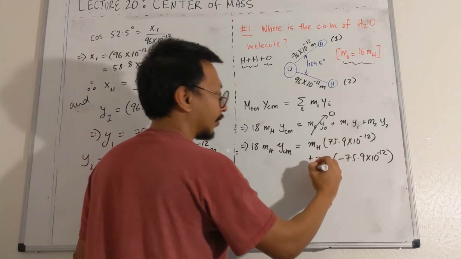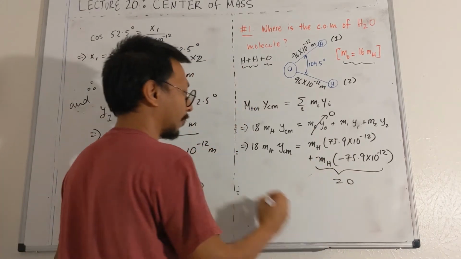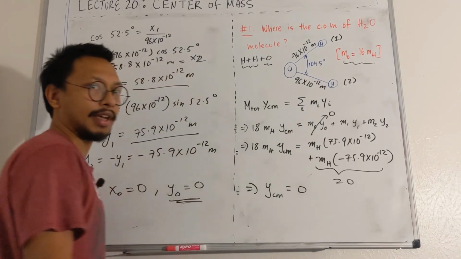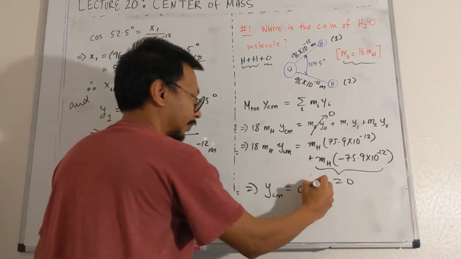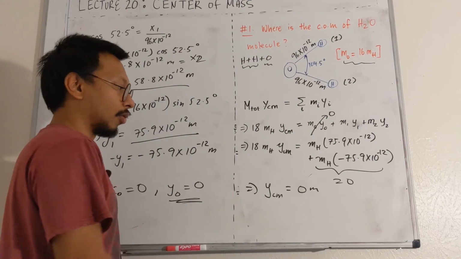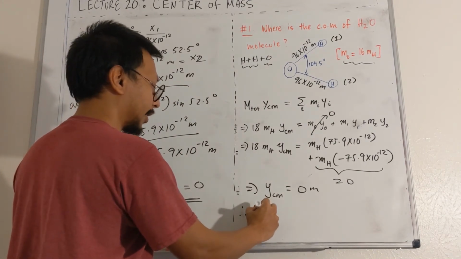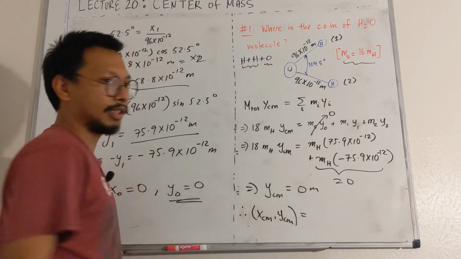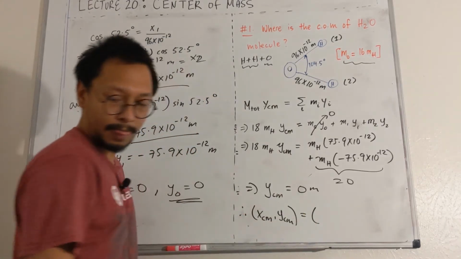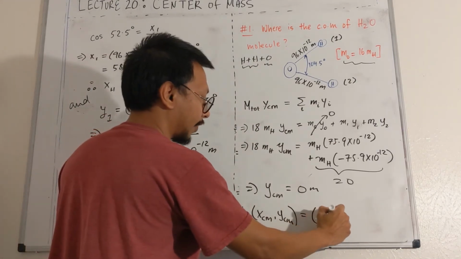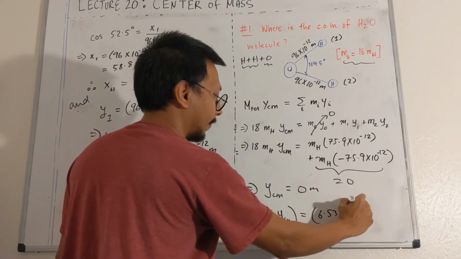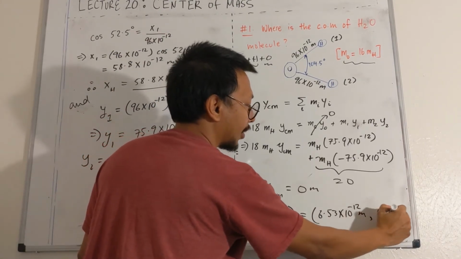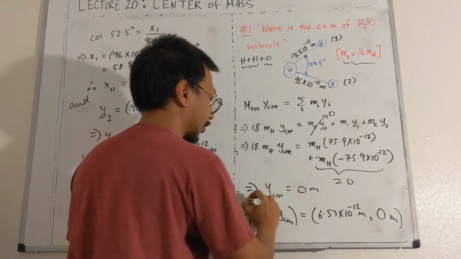So when we add, this side goes to 0, meaning the y position of the center of mass is at 0 meters. Alright, so in total, the center of mass position is xcm comma ycm. This gives me 6.53 times 10 to the minus 12 meters in the x direction, that's the x coordinate, and 0 meters in the y direction.